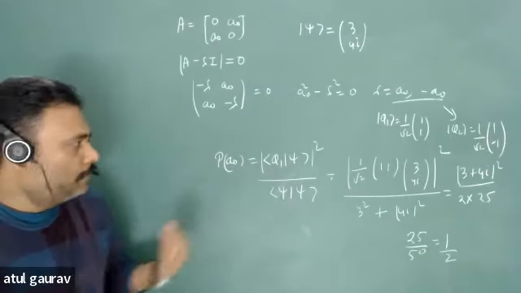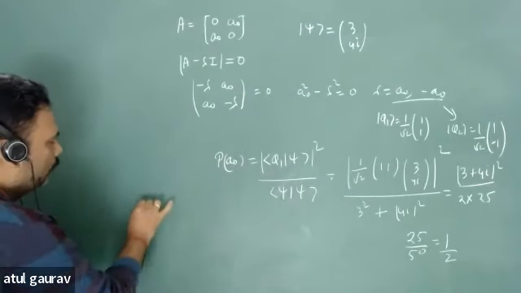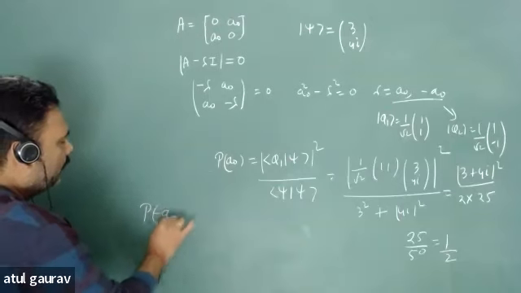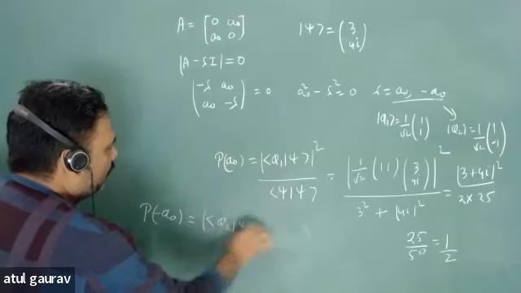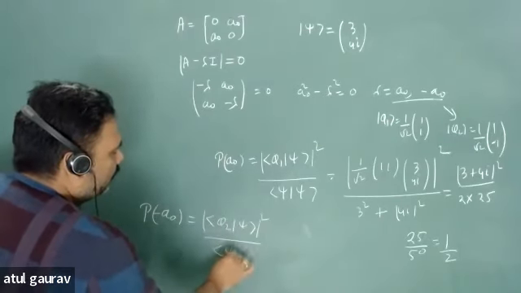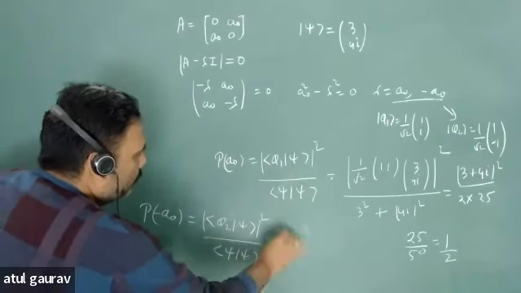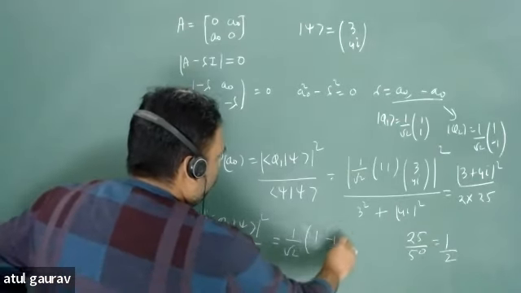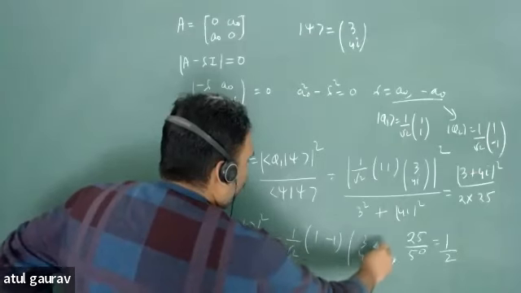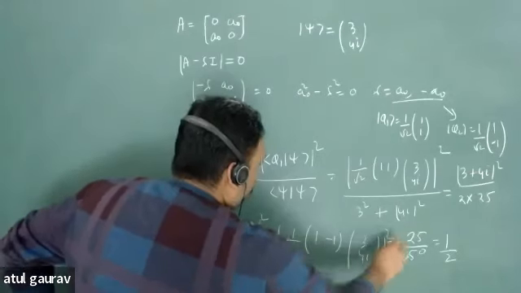And now we can also calculate the probability of measurement of minus A0. So that value is mod of phi 2 psi, whole square. And this value is equal to 1 by root 2, 1 minus 1, with 3 and 4i. We can take the mod square.